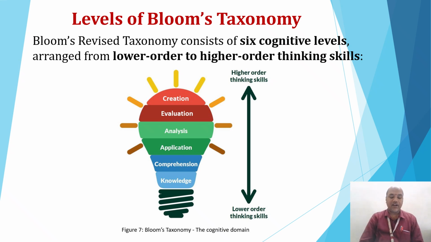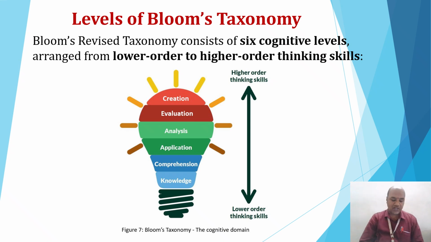Next, level 5, that means evaluate or evaluation, judgment or decision making. The purpose of level 5, evaluate, is to justify decisions based on criteria and evidence. The key action verbs are evaluate, justify, critique, assess, recommend.